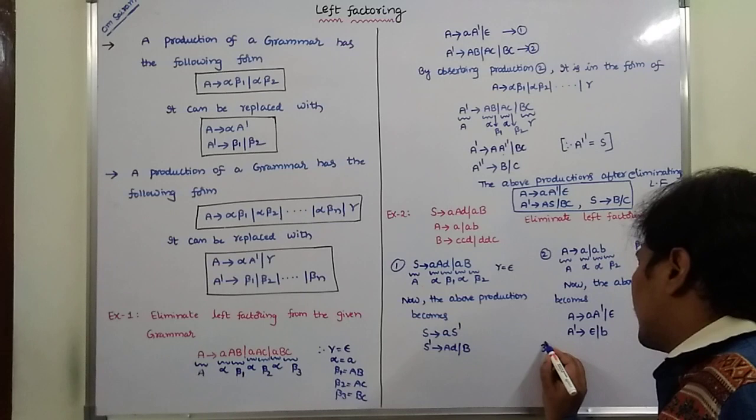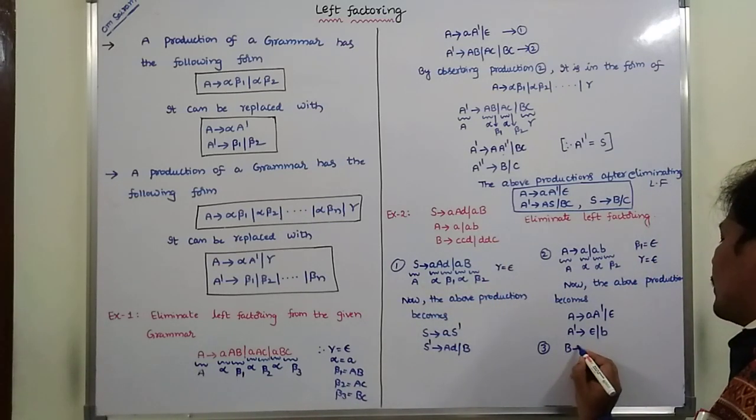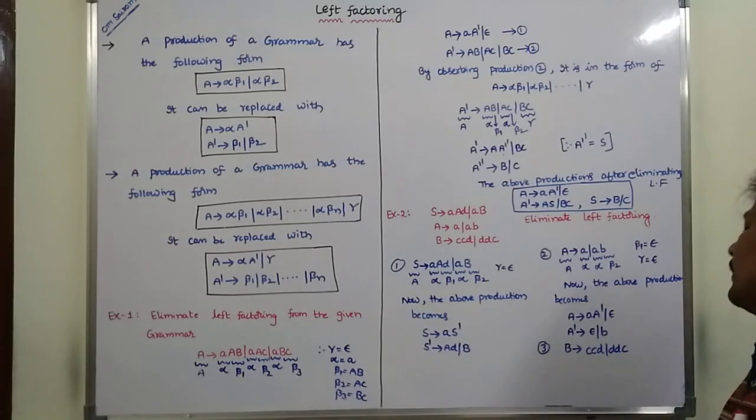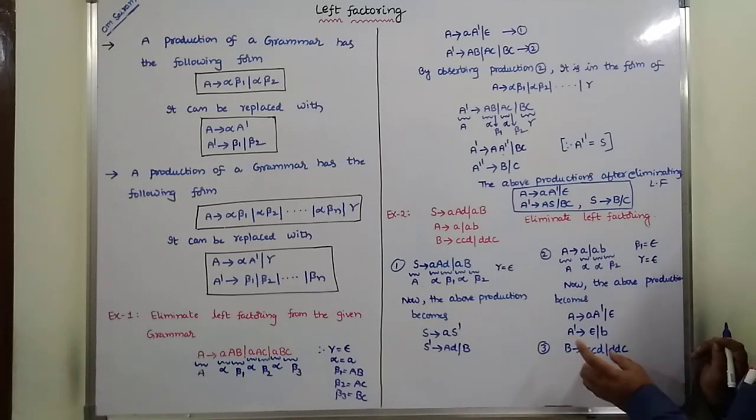Now go to the third production. Third production is B tends to CCD by DDC. Here there is no common prefix. So this production does not have any left factoring.